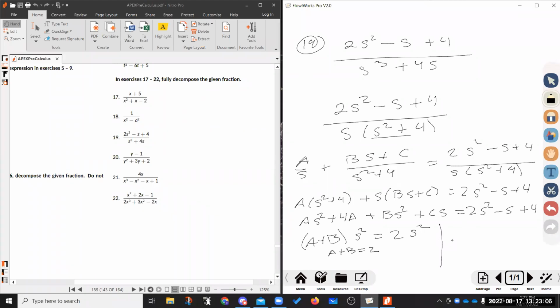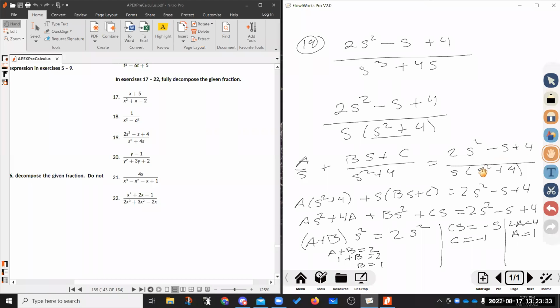I have cs as my only s term, which is equal to negative s. So c has to be negative 1. And I have 4a as my only constant term, which is equal to 4. So a is equal to 1. So if a is equal to 1, 1 plus b is equal to 2, and b is equal to 1.